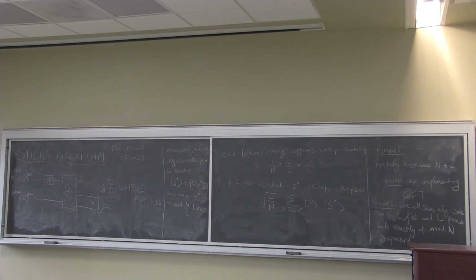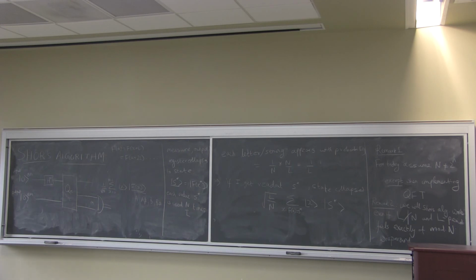If not clear, just stop me. Okay? F of x is the function whose period we are trying to find, and you can think of it as breaking up the set of integers from 0 up to n minus 1 into groups of L, meaning at every value of L, f of x has the same value.